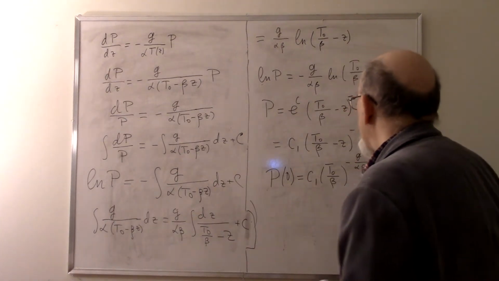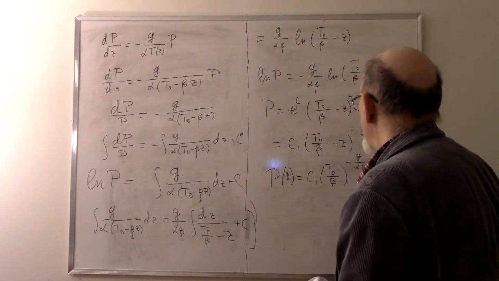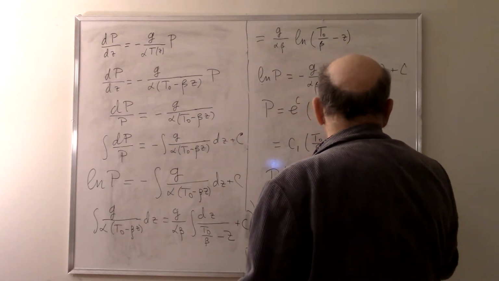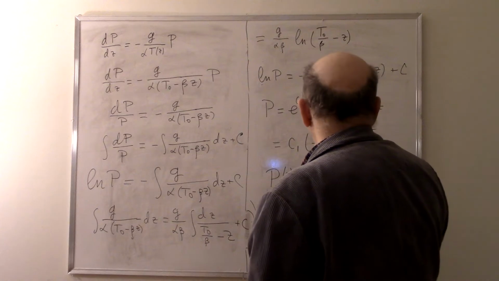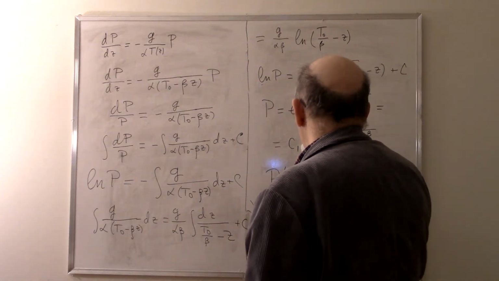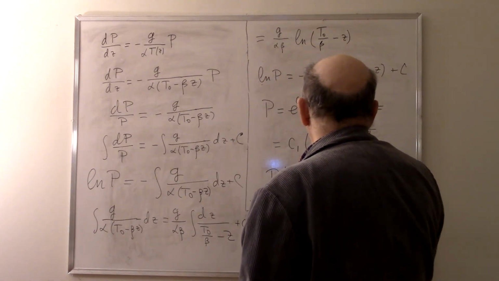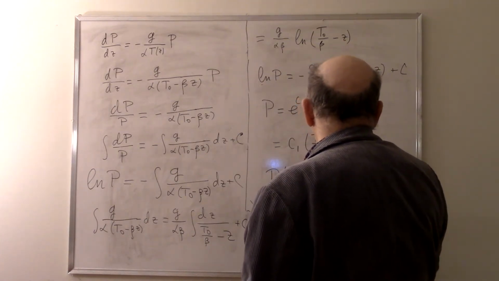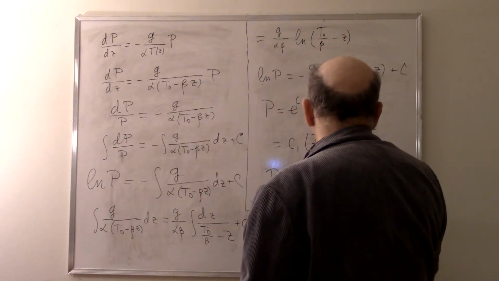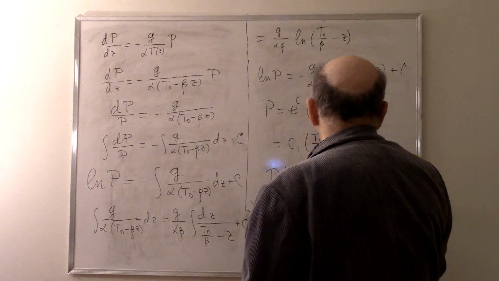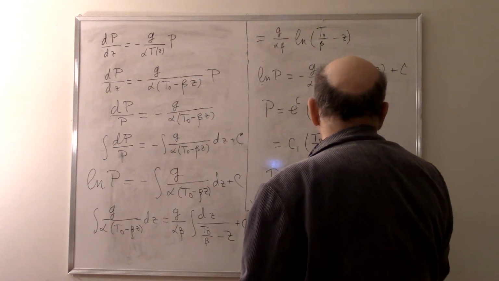Now we set this equal to P0. So C1 equals P0 times T0 divided by beta to the power G divided by alpha beta.